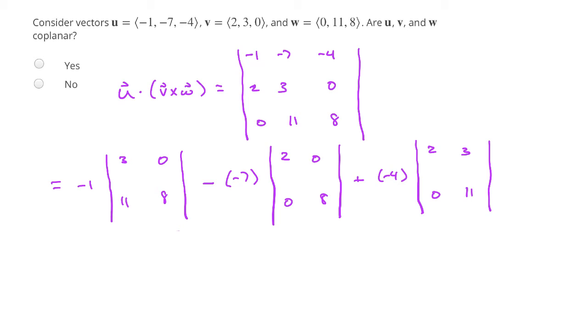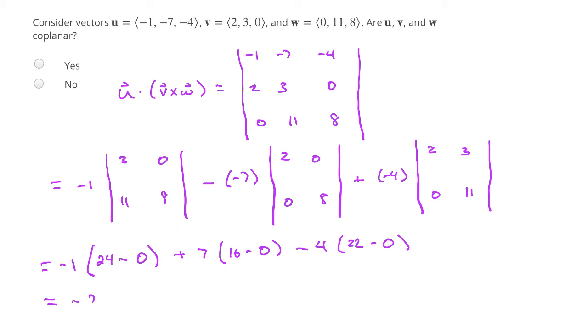And so what that gives us is -1 times 3 times 8, which gives us 24, minus 11 times 0, which is 0, minus a -7, so it's plus 7, times our determinant, 2 times 8 is 16, minus 0 times 0, and then minus 4 times our determinant, 2 times 11, which is 22, minus 3 times 0, which gives us 0.